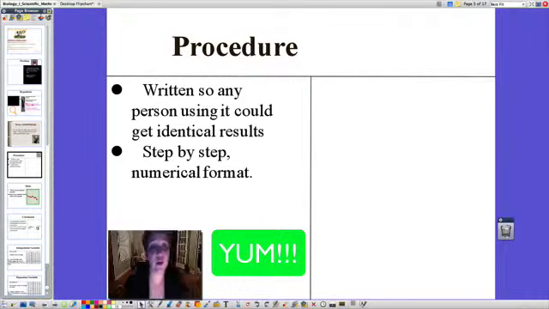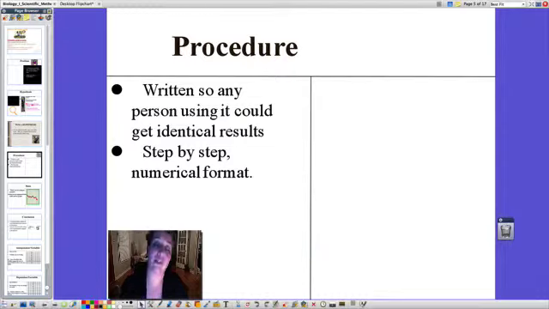Procedures. Written so any person could do it identically, step by step. If I give you instructions on how to make a peanut butter and jelly sandwich, I have to get to the point of telling you, go get the bag of bread. Untwist by turning to the left. Stick your right hand in there and pull the bread out.